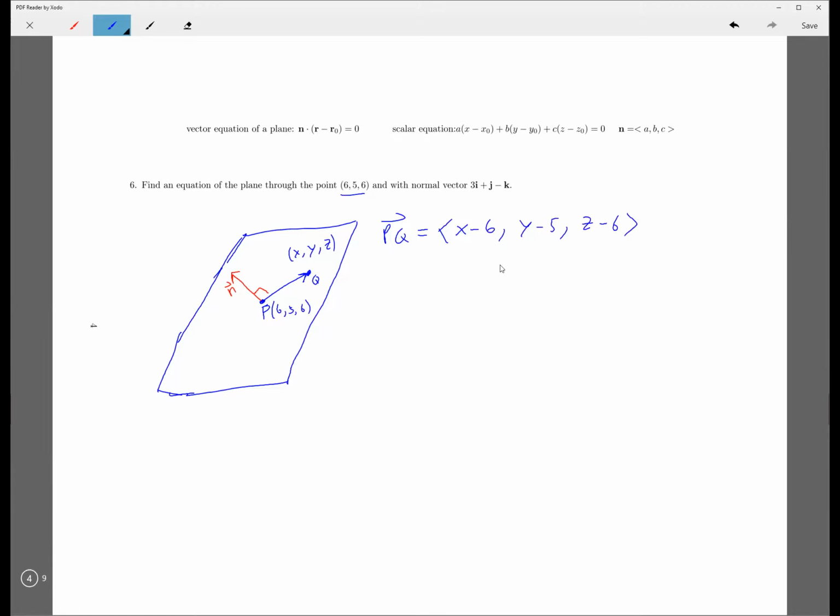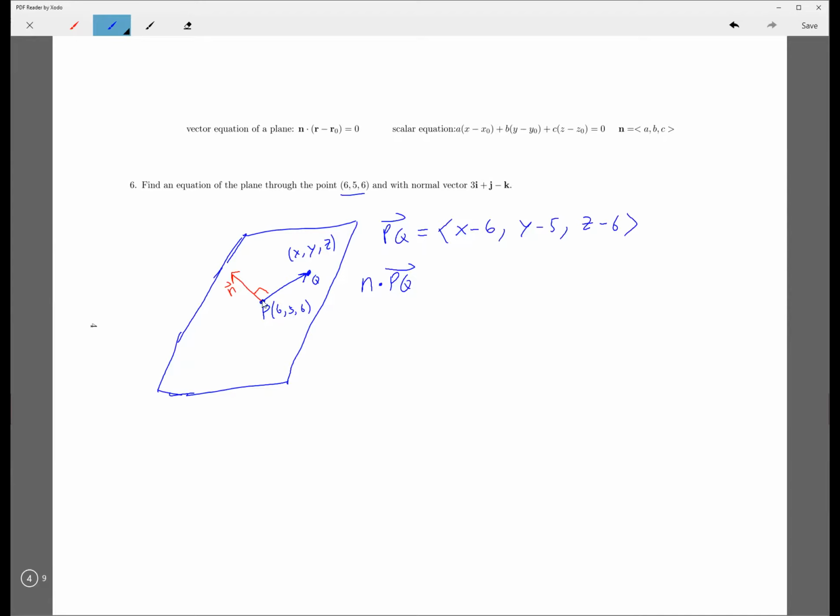Okay, so here's the big question right now. What's a really convenient thing relating this vector with the normal vector? Maybe I should just come out and tell you. What happens if you take the dot product of the normal vector with this vector?